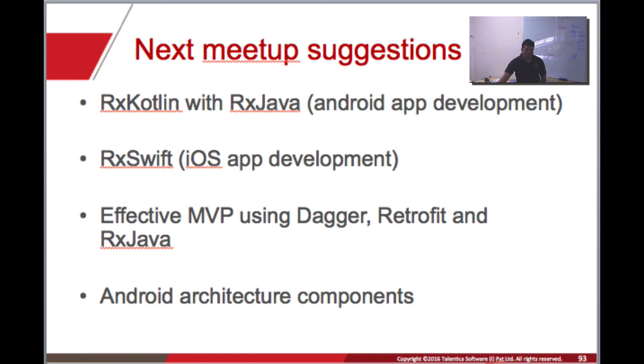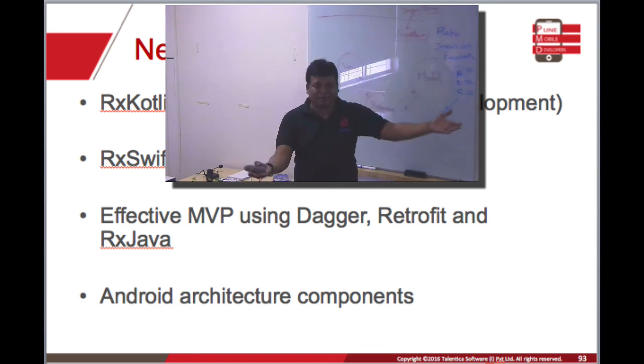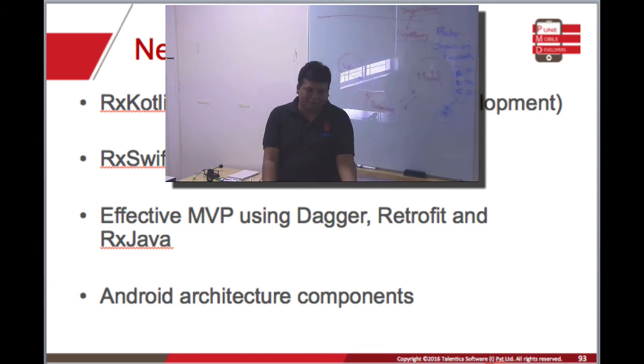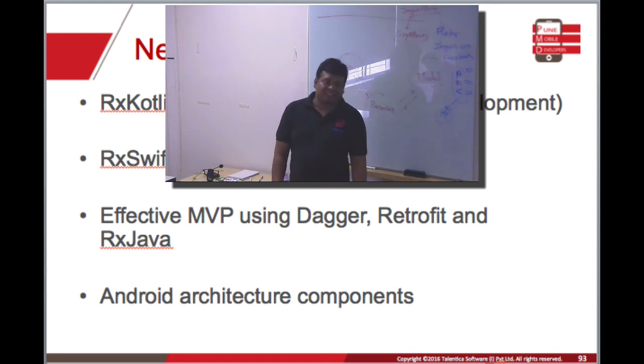I'm not a data scientist, but you can use it there also, since this is everywhere. RxPython is there. You can use RxPython probably with NumPy and Pandas libraries for data processing and these big data things.